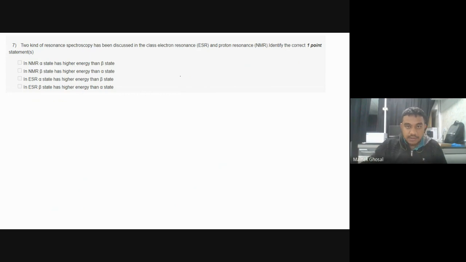So you have to find in NMR, okay, just pictorially I am showing that these are two energy levels. Suppose this is for ESR, this is for NMR. So you have to find which level is alpha and which is beta. If this is the energy axis, you can see that this is a higher energy level. So for ESR, which one has higher energy?